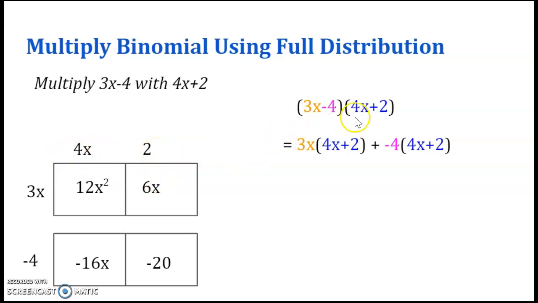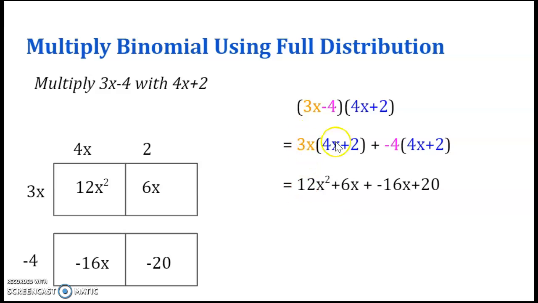Okay, so the second polynomial is being multiplied to both, but the first polynomial, the binomial, is being split up into 3x here and negative 4 right there.